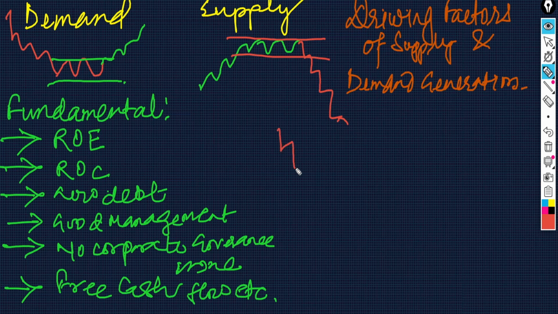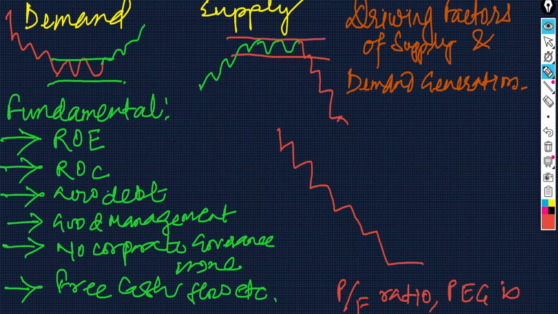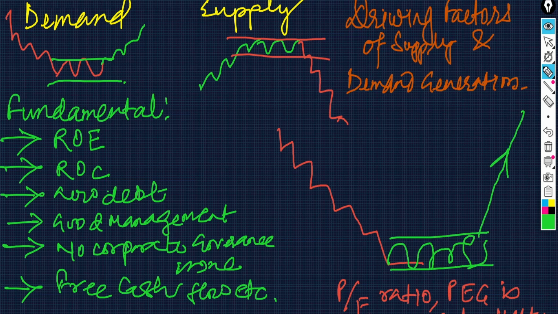So if a particular stock's fundamentals are intact but the price is coming down, these investors are waiting for a good valuation to enter. For the valuation, mostly they use the PE ratio or PEG ratio. If they find the valuation is good, then they accumulate here. And for supply generation, the opposite of what creates demand is basically responsible.